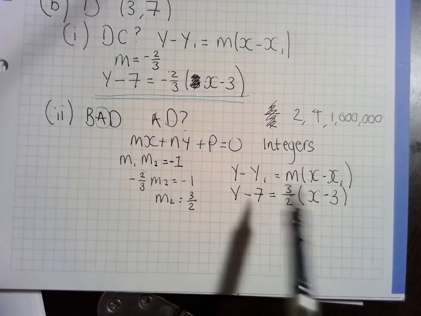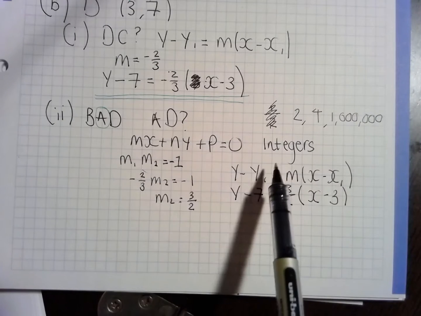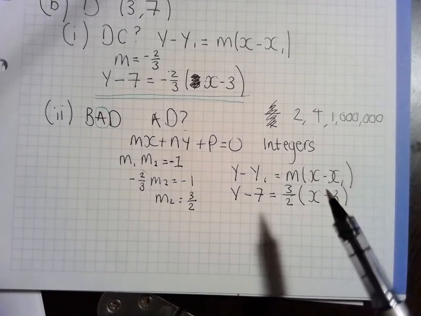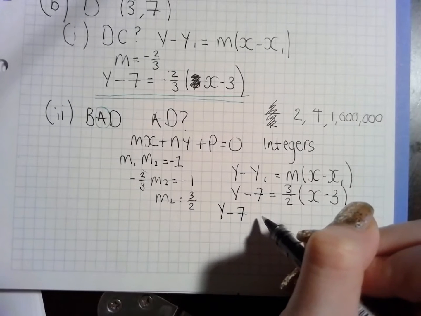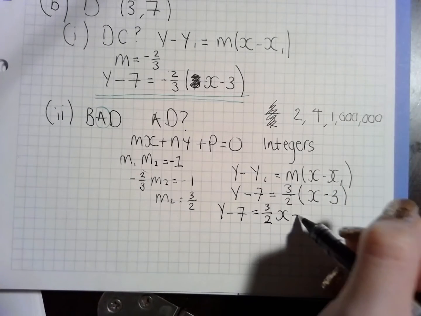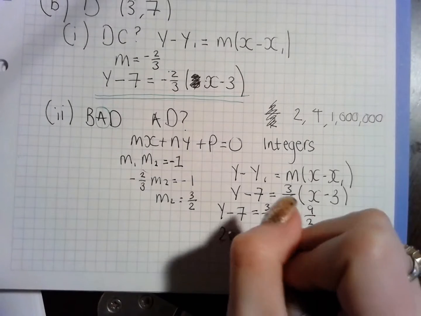And they want you to manipulate that to look like this with m, n, and p all being integers. So let's just do that. Y minus 7 equals 3 over 2x minus 9 over 2. Let's times the whole thing by 2 to make the whole thing integers.